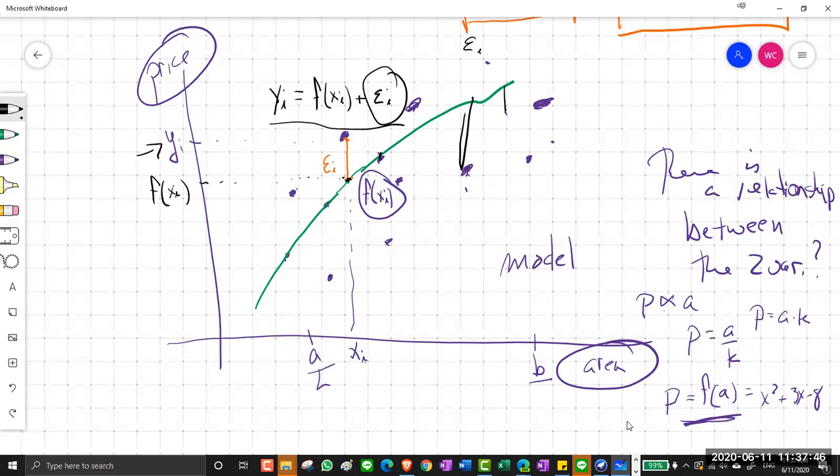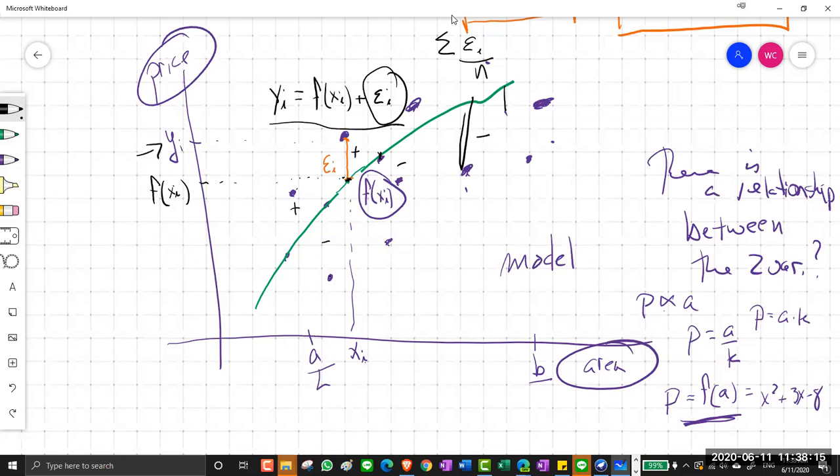So if we sum them all up and divide by the total number of points, in other words, if we average all the epsilons, maybe this epsilon is negative, this one is positive, this one is negative, and this one is a positive.